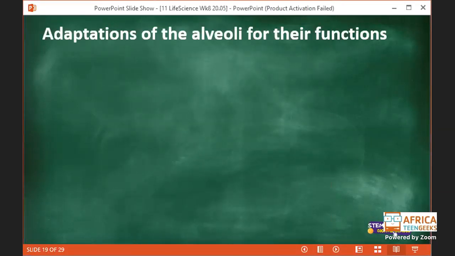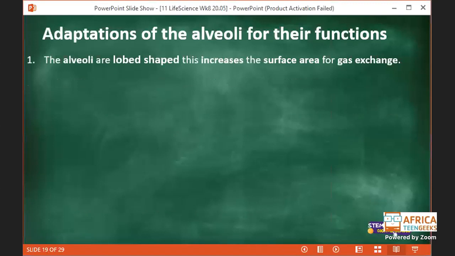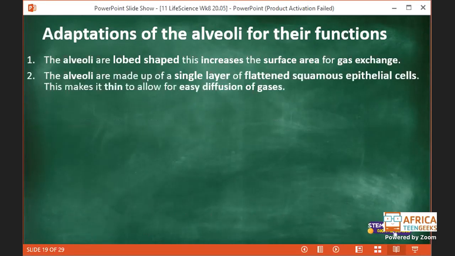Okay, so let us go through that picture basically in word form. The alveoli are lobe shaped, and this increases the surface area for gas exchange. Second adaptation, the alveoli are made up of a single layer of flattened squamous epithelial cells, and this makes them thin to allow for easy diffusion of gases.